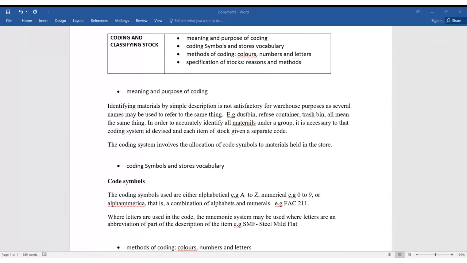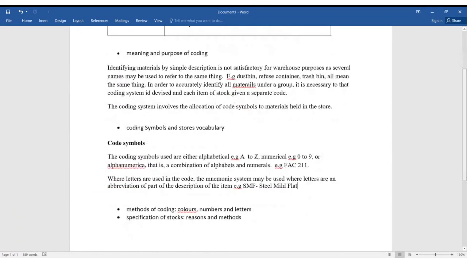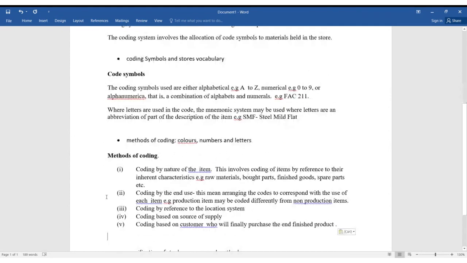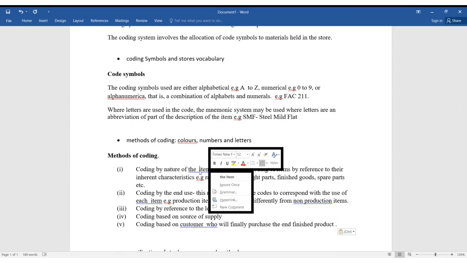Therefore, the coding symbols or coding methods are designed based on those key specific areas. Why are those methods important?